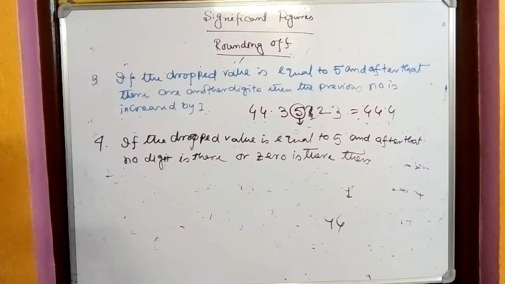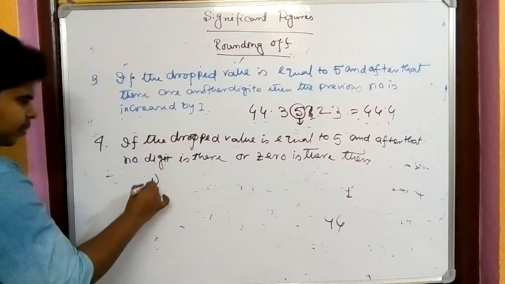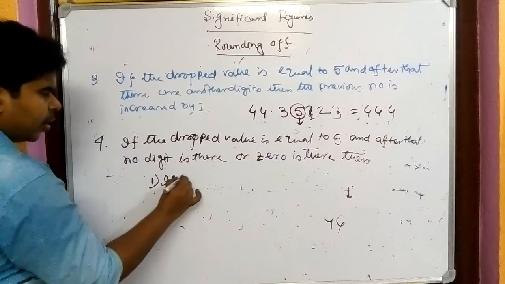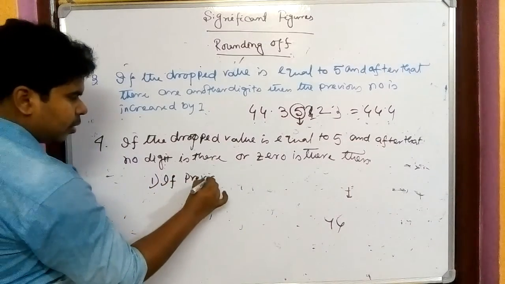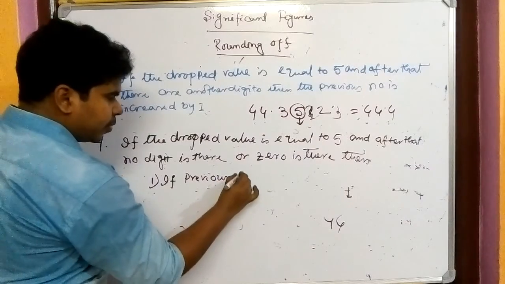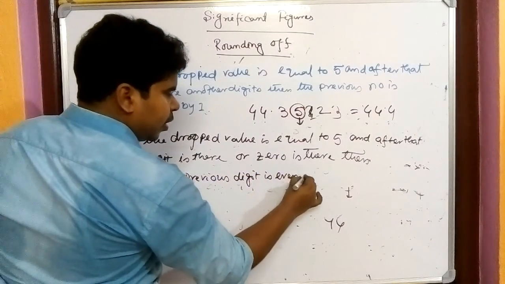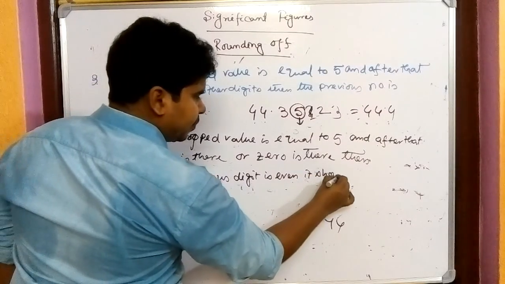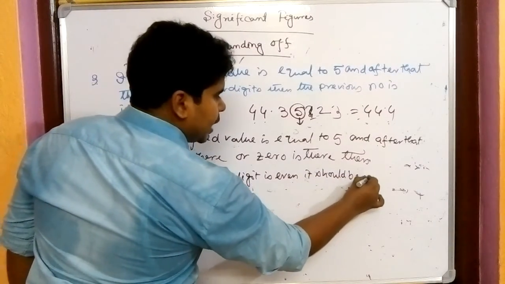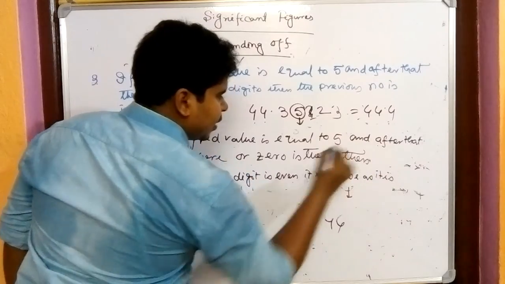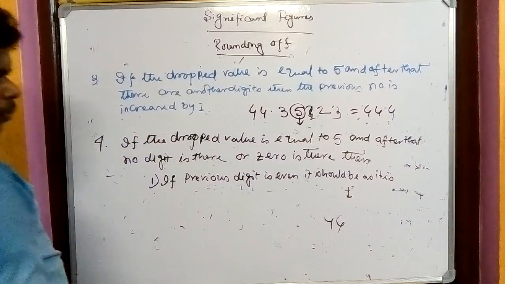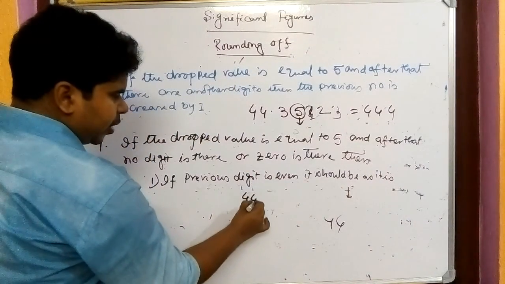What is the condition? We have seen. Number 1, if the previous digit is even, it should be as it is. Okay, same thing we have to see, but here I am just changing the digit a little more.